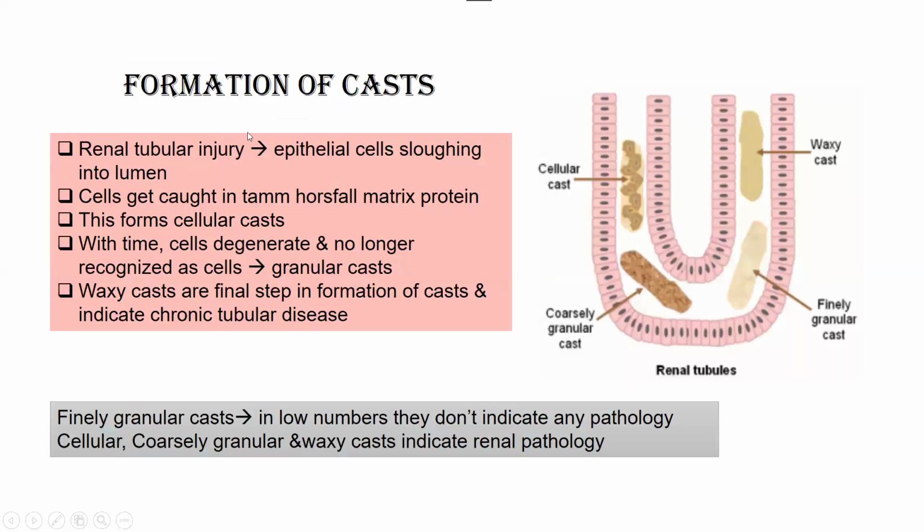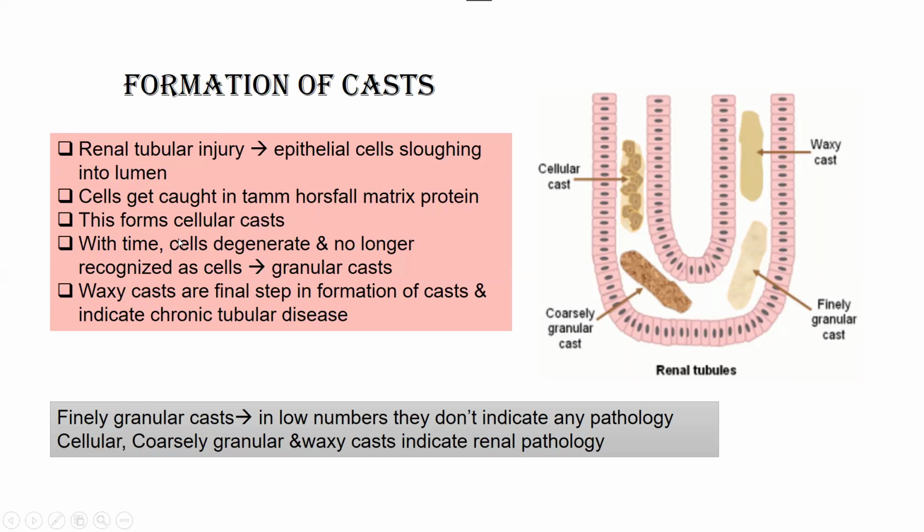Then the theory behind the formation of cast is that there is any renal tubular injury. Because of that injury, the epithelial cells slough into the lumen. These cells are caught in the Tamm-Horsfall matrix protein, and this forms cellular cast. So, as the tubular epithelial cells are sloughed off in this protein, they form cellular cast.